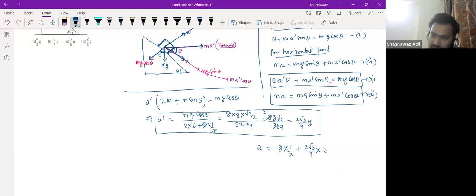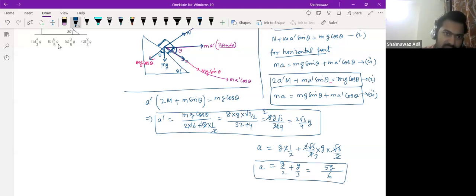So we have to put this g and then cos theta, which is root 3 by 2. So this 2 and this 2 will cancel. We have g by 2 plus root 3 into root 3, 3. So this is g by 3. Right. So how much is this thing? 6. And this is 5g by 6. So A is 5g by 6.